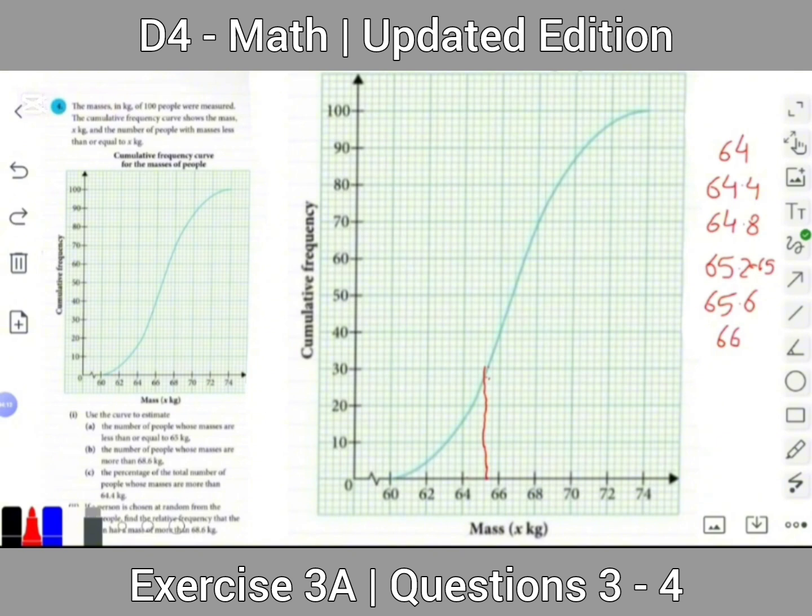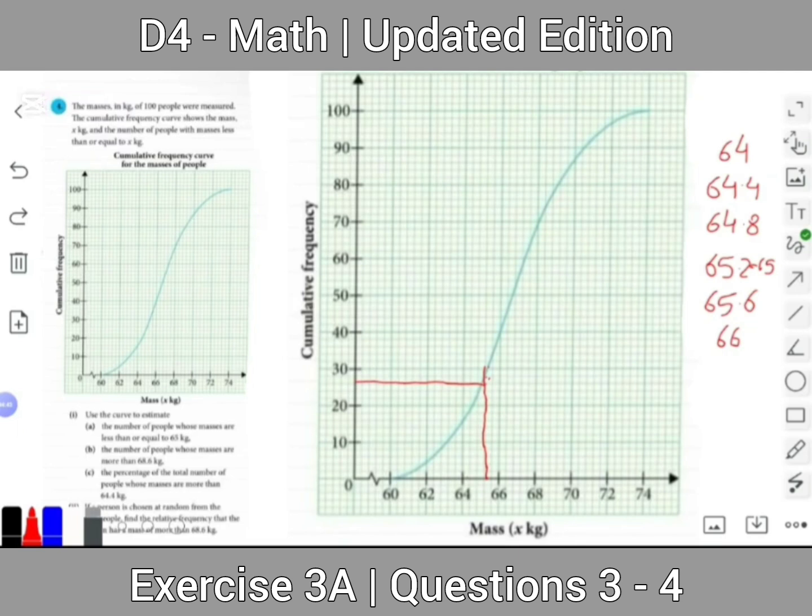So this is the point. Here it intersects the curve, and then from the point of intersection on the curve, we will draw a horizontal line until it touches the vertical axis.